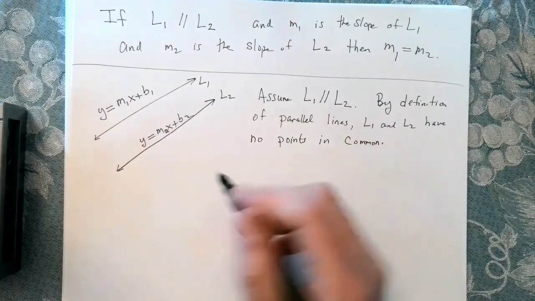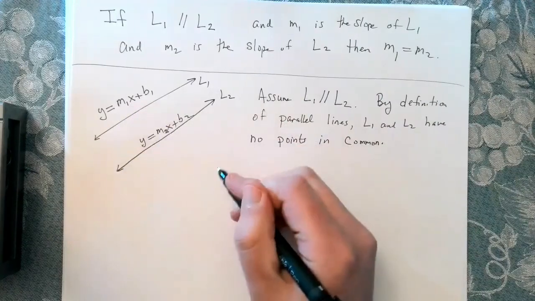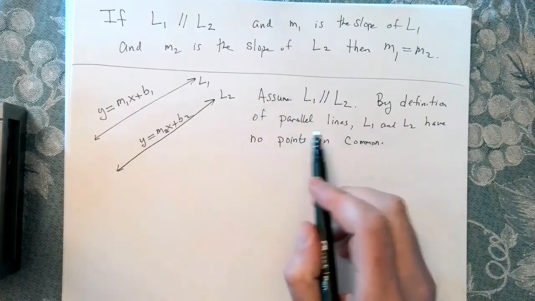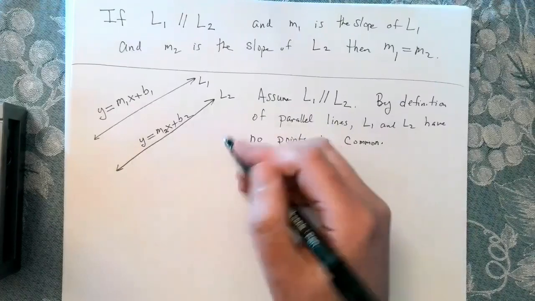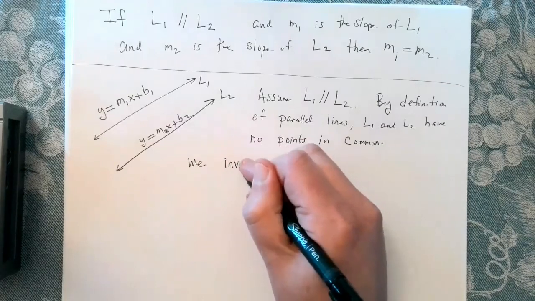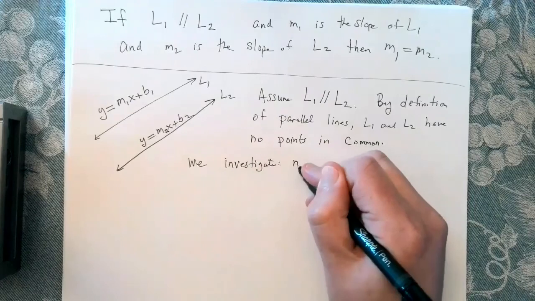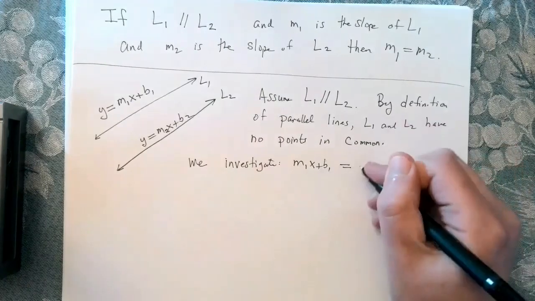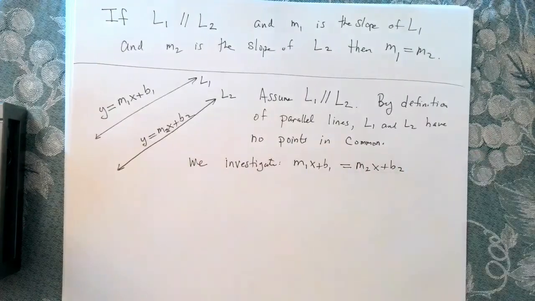And so let's do an investigation. What if we were to look for points that were in common? We know that there are none. Let's just play a game and see what happens. So we investigate m1x plus b1 equals m2x plus b2.